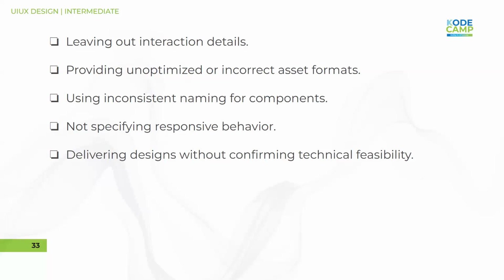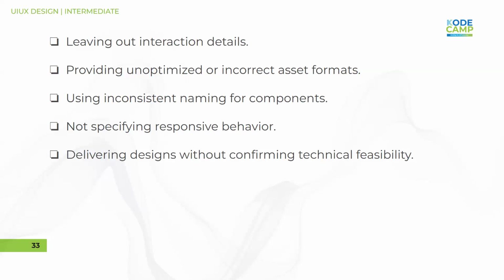Right, avoid unoptimized or incorrect asset formats. Your assets should not be heavy. It should not be uncompressed images, and you should not have wrong file types, like sending JPEG instead of SVG for icons. This can slow down the build, and it can also hurt performance.